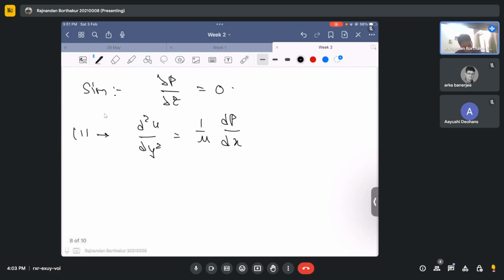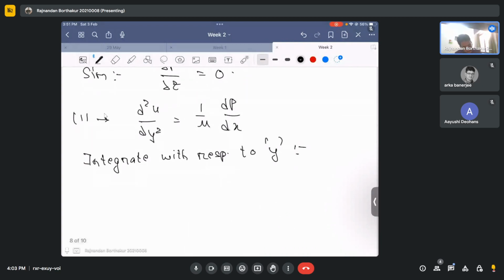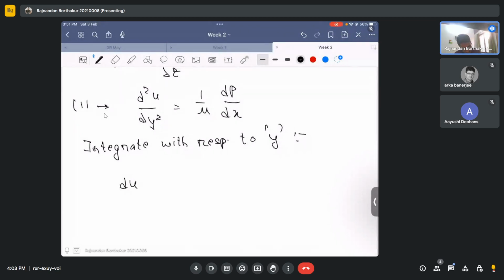Now we will integrate this with respect to y. If we do that, we get du by dy equals 1 by mu times dp dx times y plus c1.